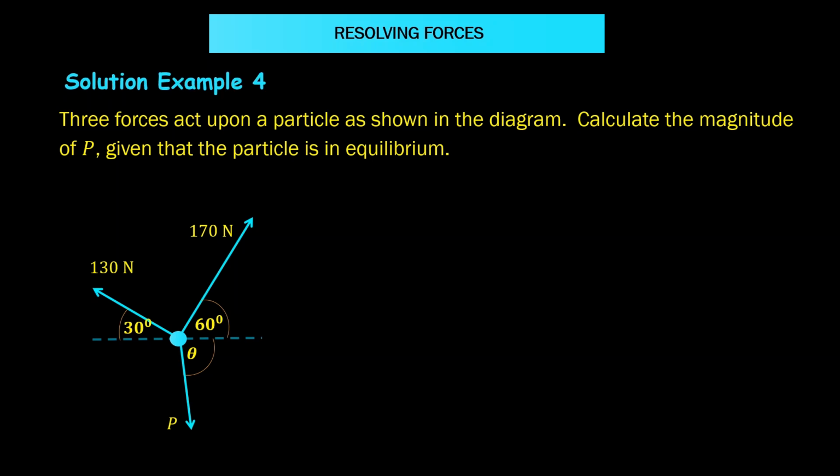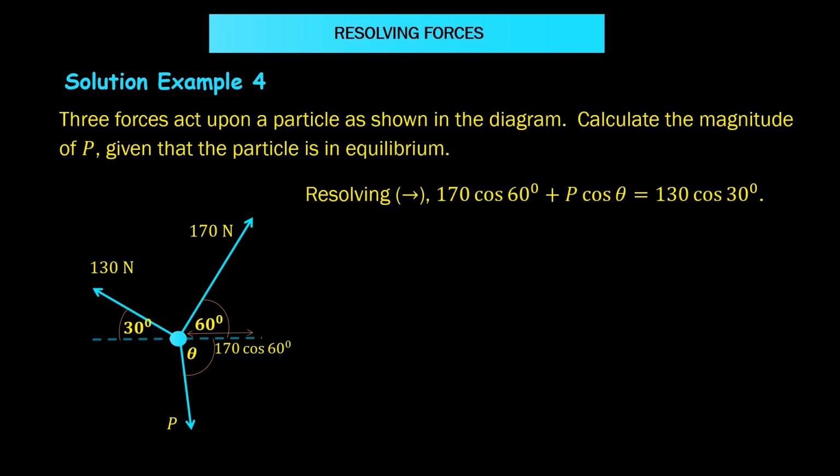So let's solve this. Let's resolve horizontally first, taking the right-hand side as the positive direction. Let's take a look at the 170 Newton force first. Resolving horizontally, we have 170 cos 60 degrees, and then the P force, we have plus P cos theta, and then in the other direction the 130 Newton force.